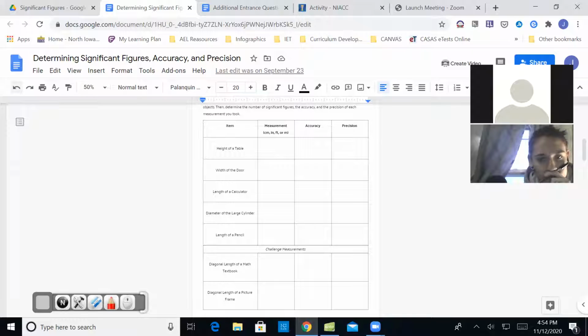So would you like me to use centimeters, inches, feet, or meters? Inches? Okay. So the height of the table is 29.5 inches.